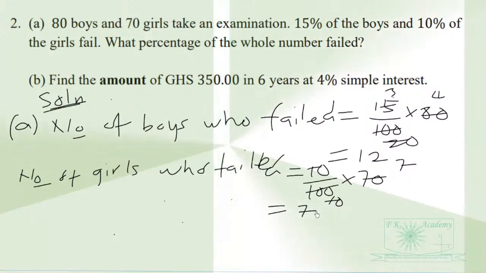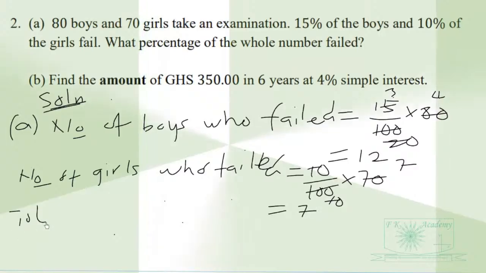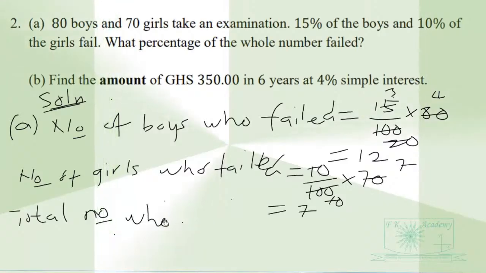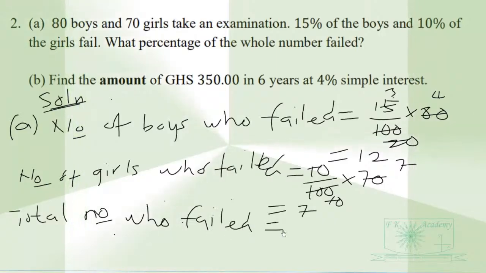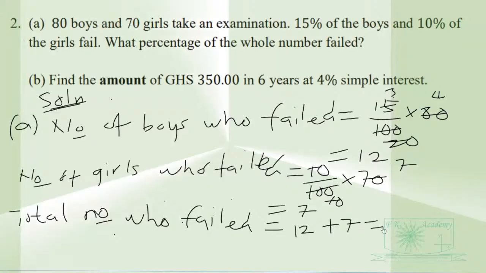Now to find the percentage of the whole number that failed, we must first of all calculate the total number that failed. So total number of students who failed will be equal to 12 boys and 7 girls, which is equal to 19 students who failed.